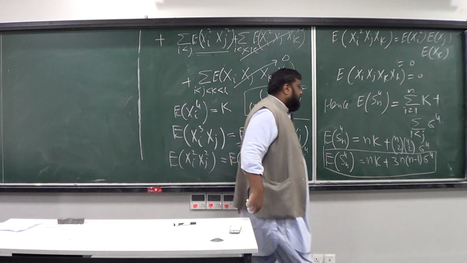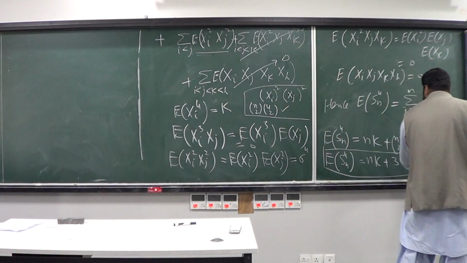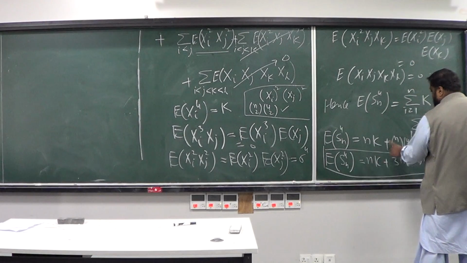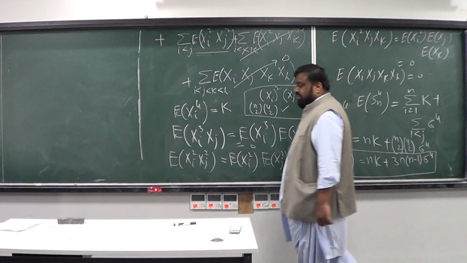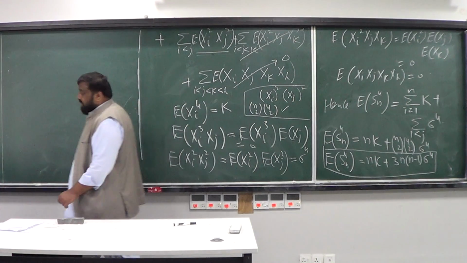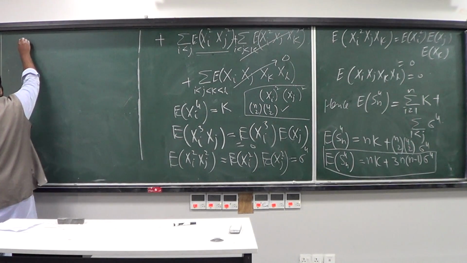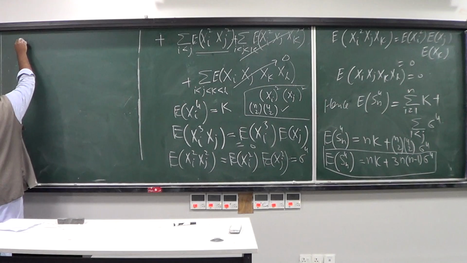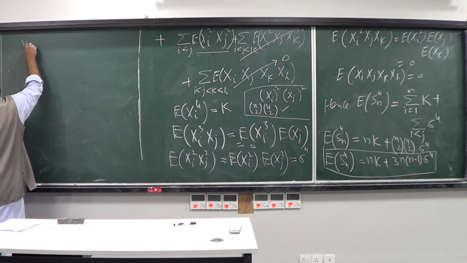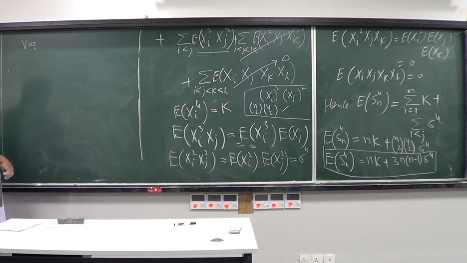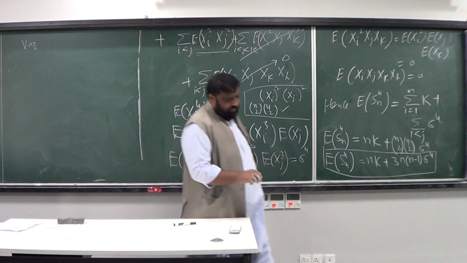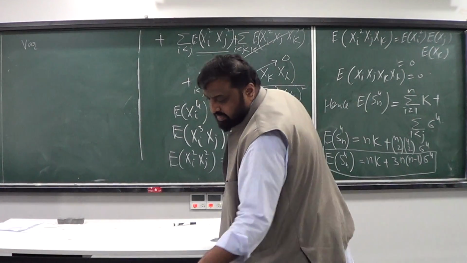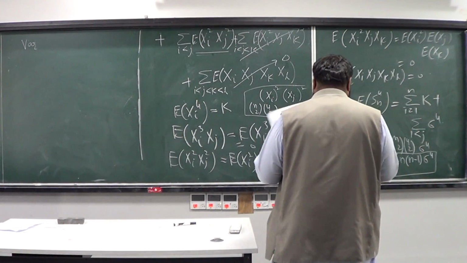Now let's try to make this more concrete. So you have sigma to the power 4.